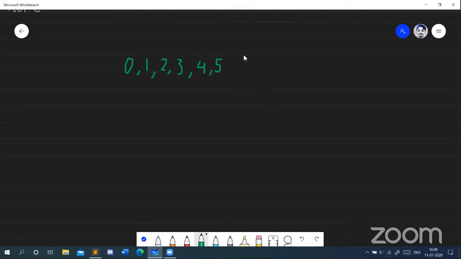I need to form a 5-digit number using any 5 out of these 6 digits such that the number is divisible by 3. I'd like you to give it a while to make sure you understand the problem. How many such numbers can be formed from these digits such that my resulting number is divisible by 3?